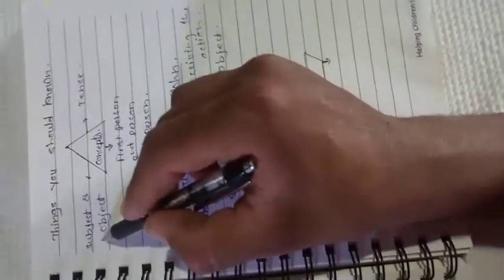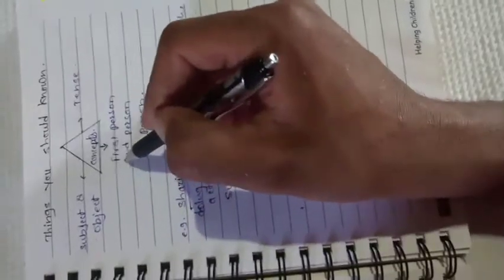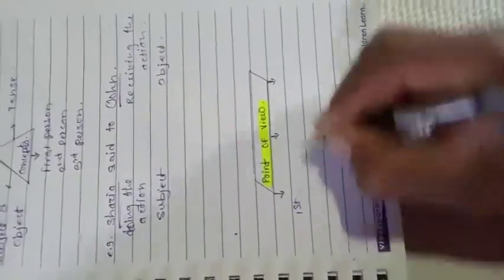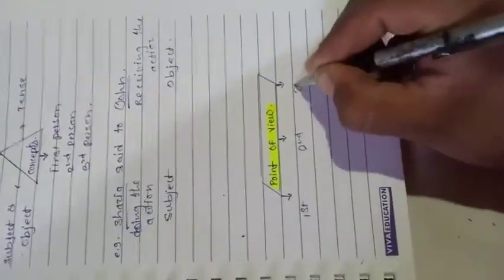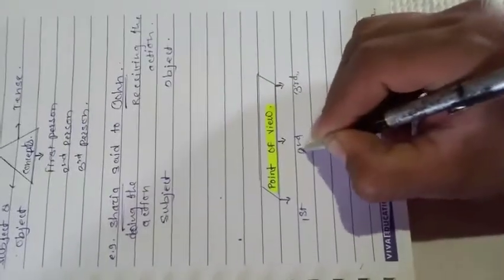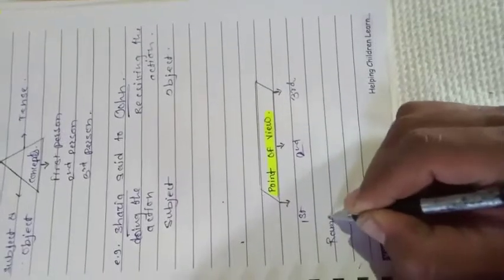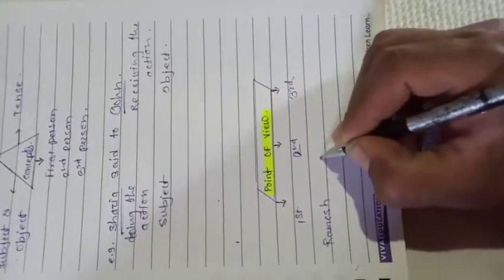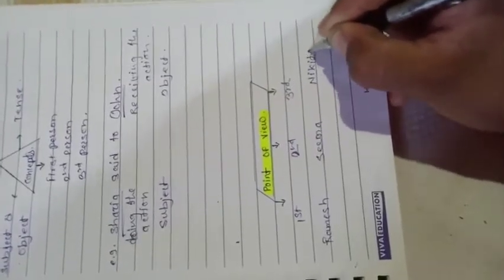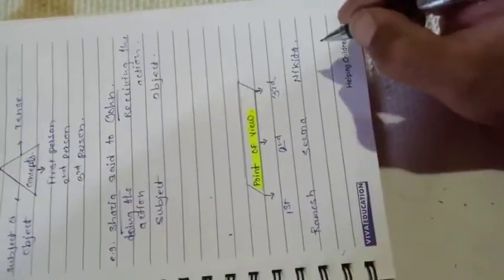So now you might have understood subject and object. Let us see how to recognize first person, second person, and third person. For that I will take one example. Suppose Ramesh, Seema, and Nikita are three friends.